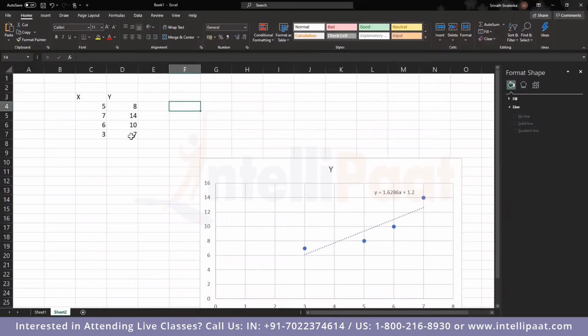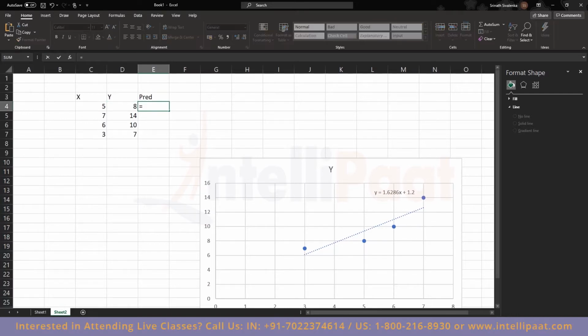With the values 8, 14, 10, 7 and 5, 7, 6, 3, I can compute the mean squared error on both models, the one Excel has come up with and the one we've computed, and identify which is giving a better prediction. So this is, let's say, Excel's prediction.